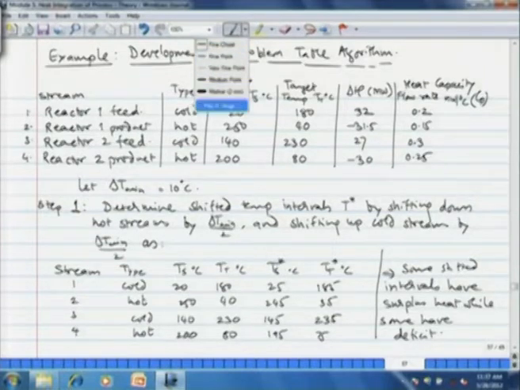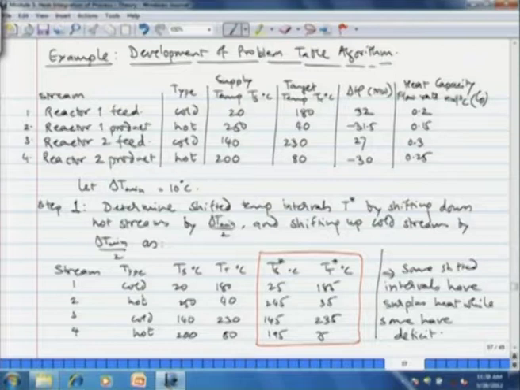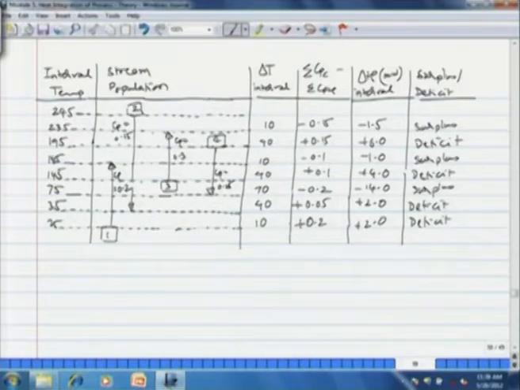Let's look at the box that is marked in red. The least temperature is 25, thereafter 35, thereafter 75, like that. We have arranged all these temperatures in ascending order, and then we have also marked the streams in these intervals.